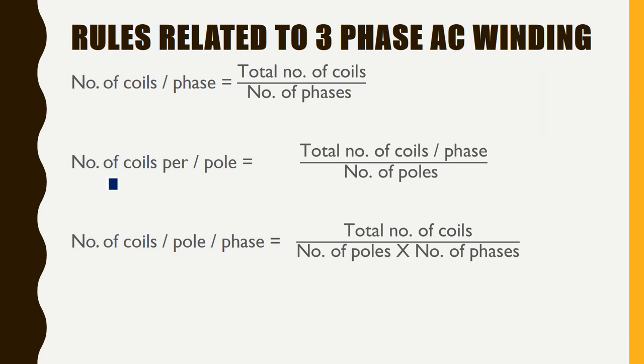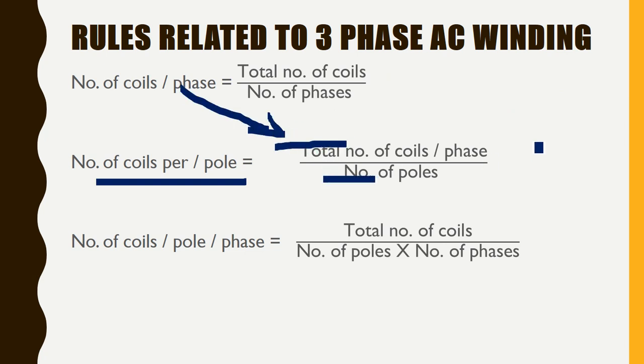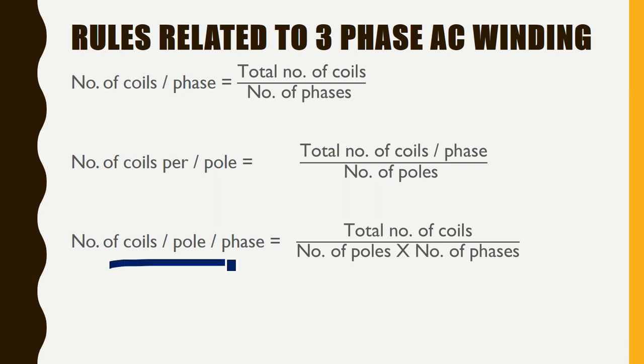Simple, is it? Next is number of coils per pole: the number of coils per phase divided by number of poles. If you have 12 coils per phase and 4 poles, we will get 3 coils per pole.